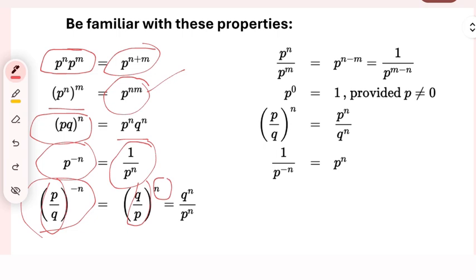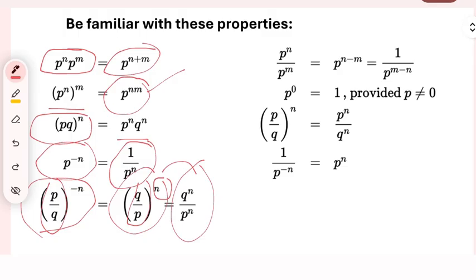So if it is p over q raised to the power of a negative exponent, to make it a positive exponent, you just reverse it. It would be q over p raised to the positive exponent this time. And then you can write it like this: q to the n over p to the n.